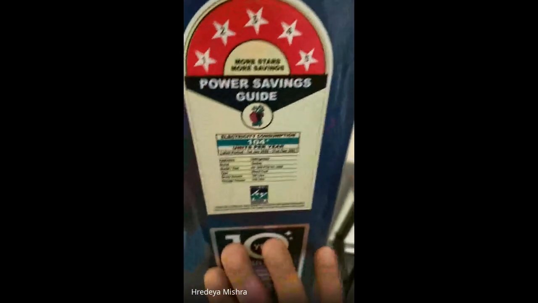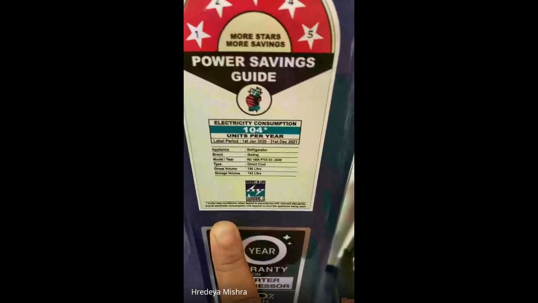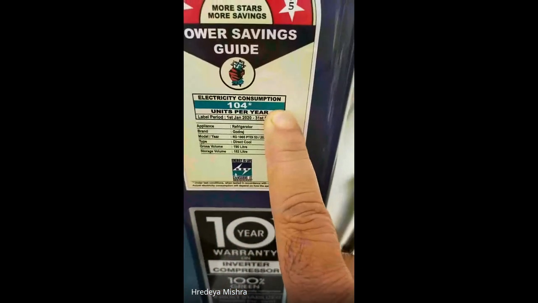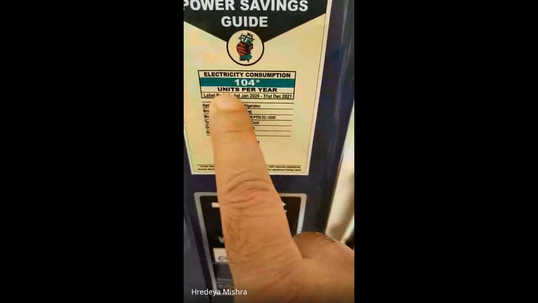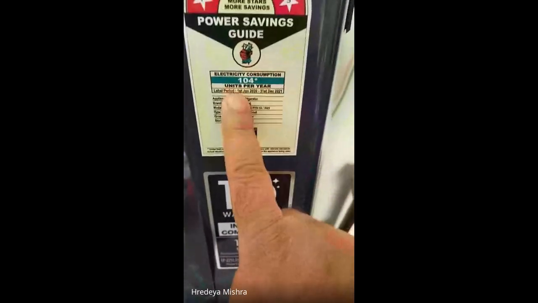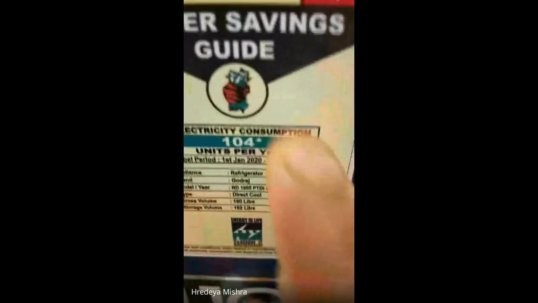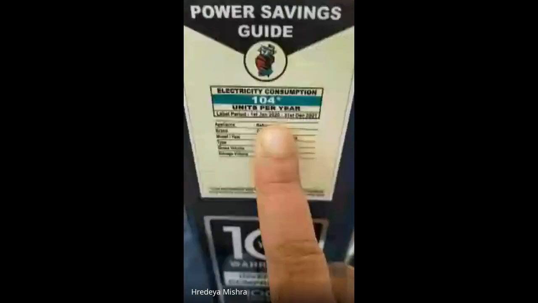So you can see the specification written here. It is the electricity consumption, units per year, meaning there are 104 units per year, and here is a star. What is the meaning of this star?